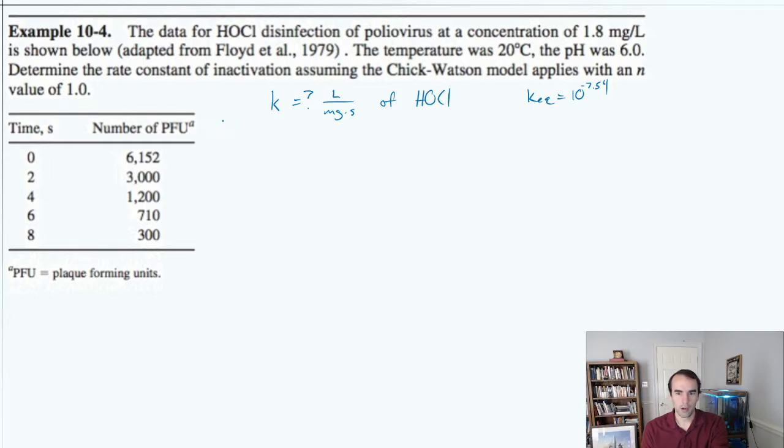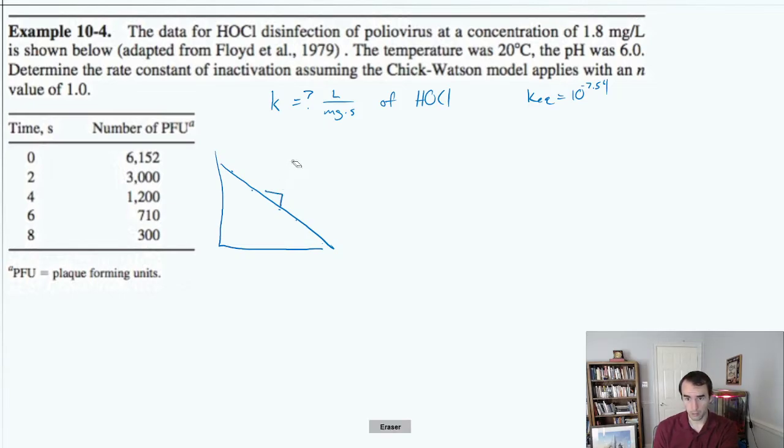What we ought to look for, because if we plot this, we expect it to be exponential, right? Exponential decay, something like that. But what we want is a way to linearize it to get a plot that's going to give us a linear line that we can get our rate constant from.